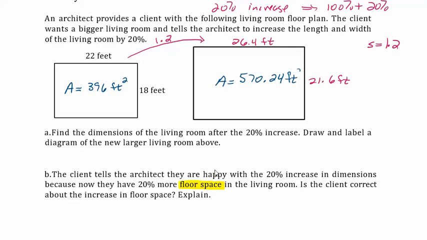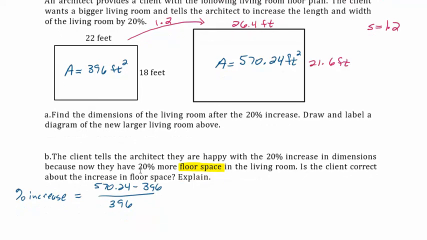Remember last chapter we found percent increase by taking the amount of increase. So we're going to take the new amount minus the original amount divided by the original amount. Let's see what that gives us.